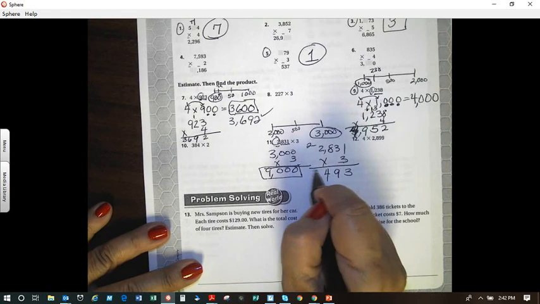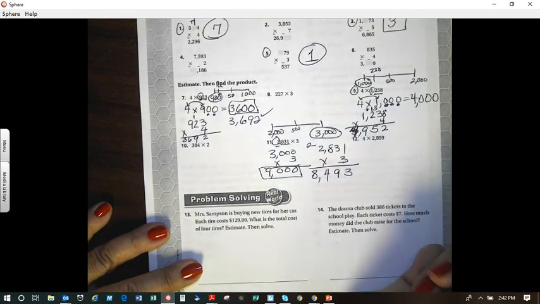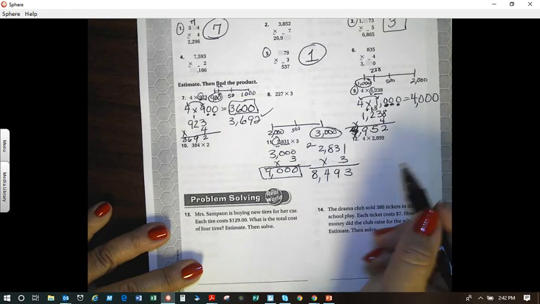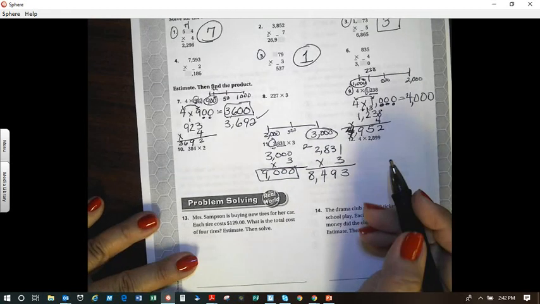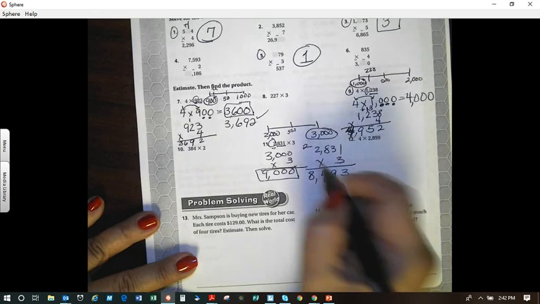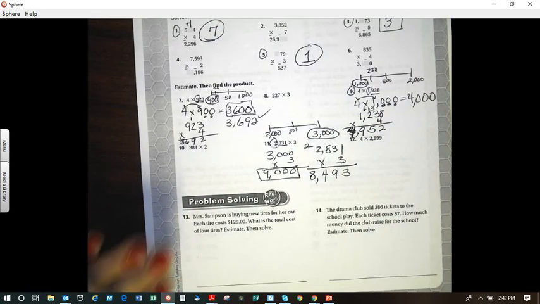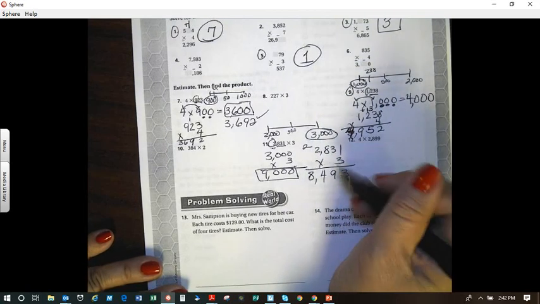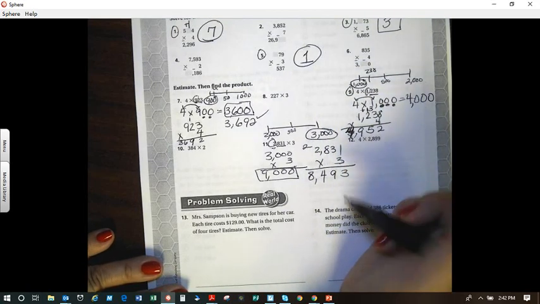Is that right? Okay, so is it in the same proximity? Yep, it is. So it is about reasonable. Now, if I did that same mistake over here and I was 1,000 off, would it be reasonable? Nope, not at all. So that's one thing that you want to reconsider.